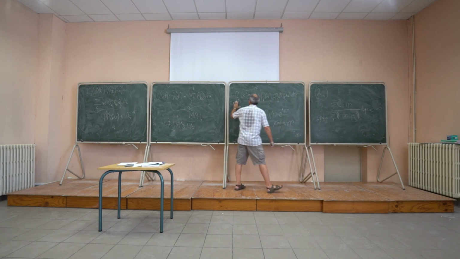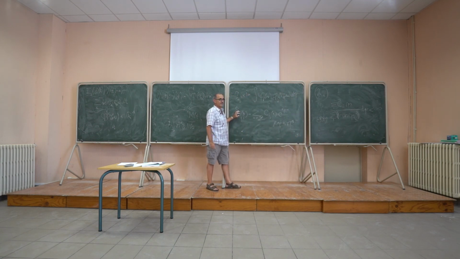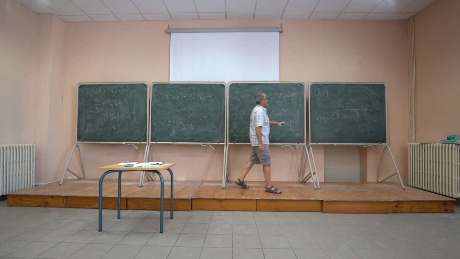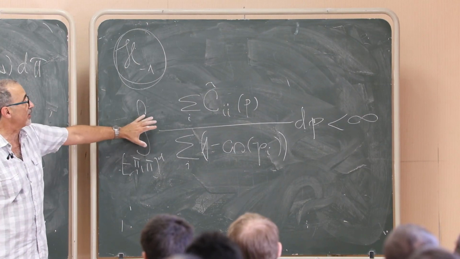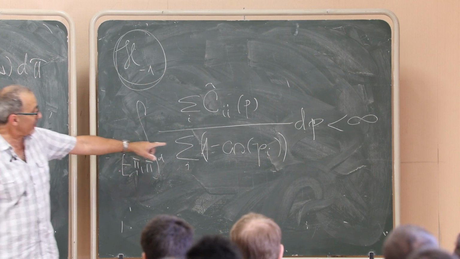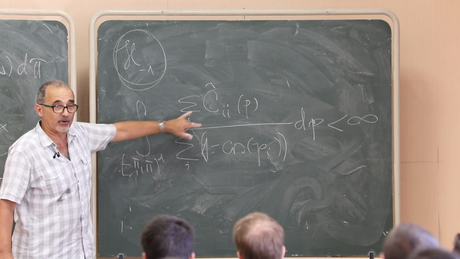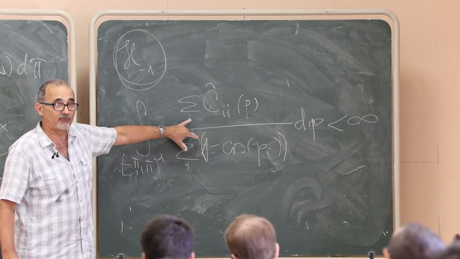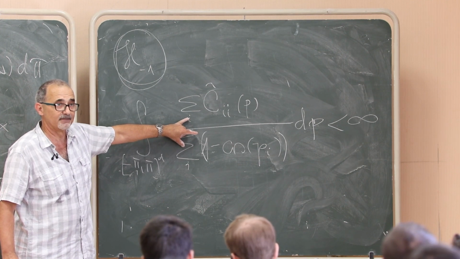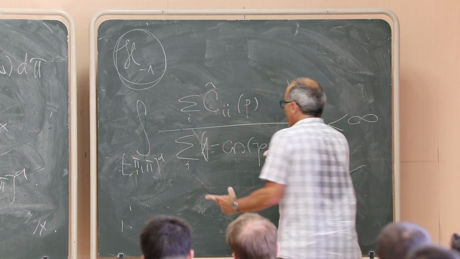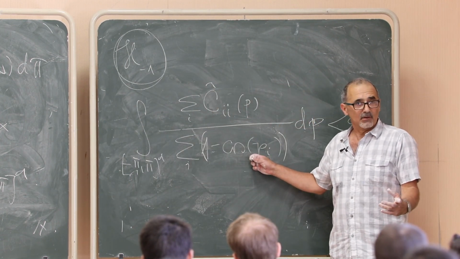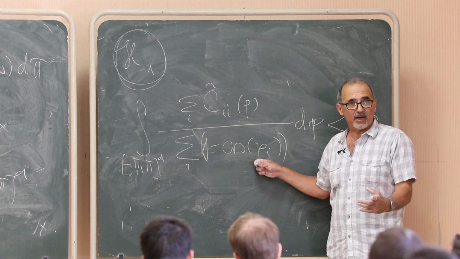This is an infrared bound on the correlations of the drift field. You will see next time that this is equivalent to what I called H minus 1 before. Just it's in terms of correlations and infrared. Mind, this is the Green function: correlations integrated against the lattice Green function. So the only singularity can come from p equals 0. At p equals 0, this is 1 over p squared.